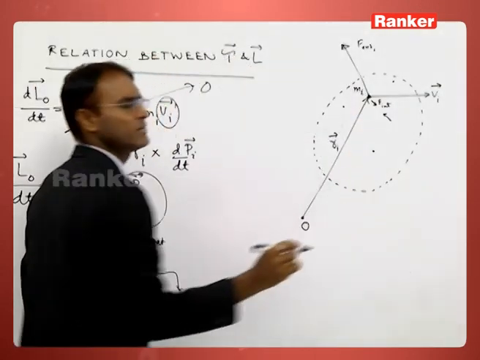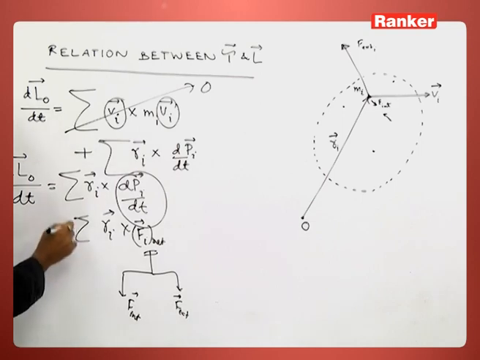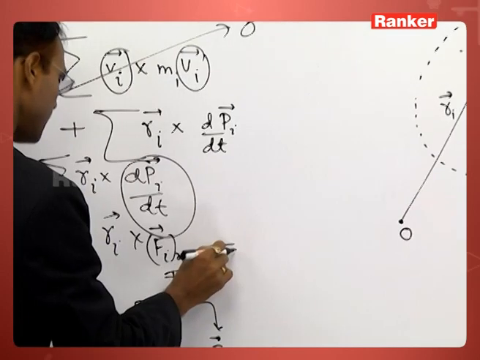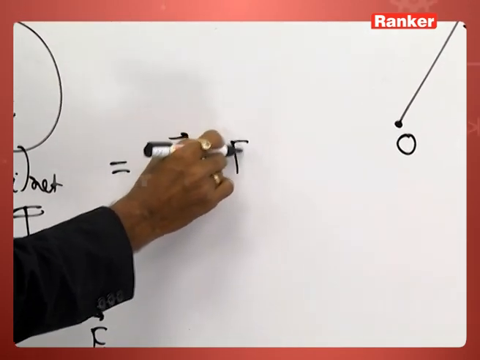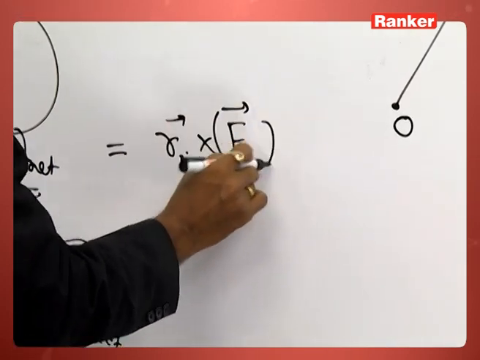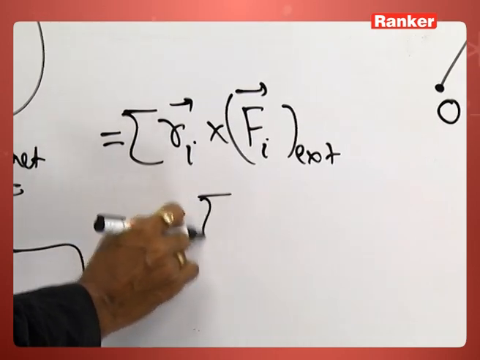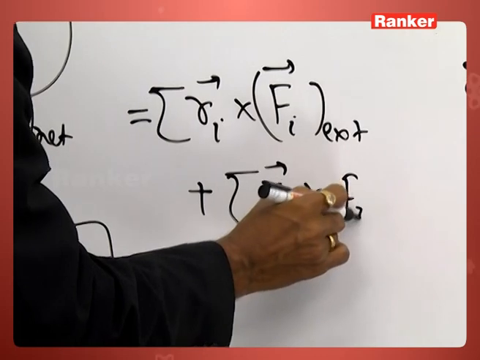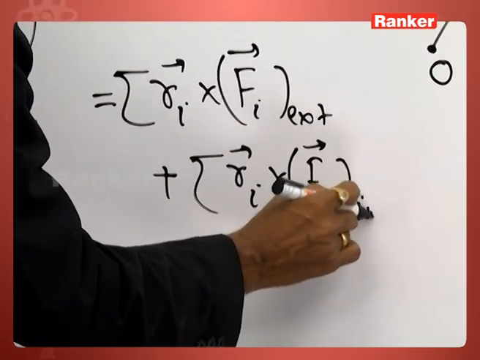When sigma term is there, we can write Ri cross force acting on ith particle from outside, summation of this, plus Ri cross force acting on ith particle from inside, that is called internal force.